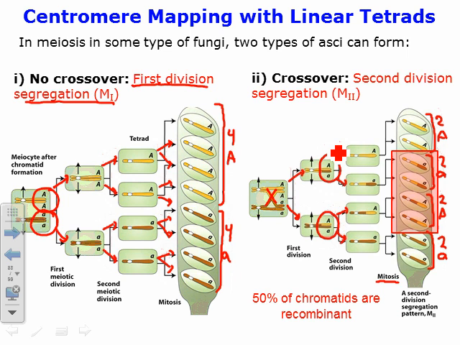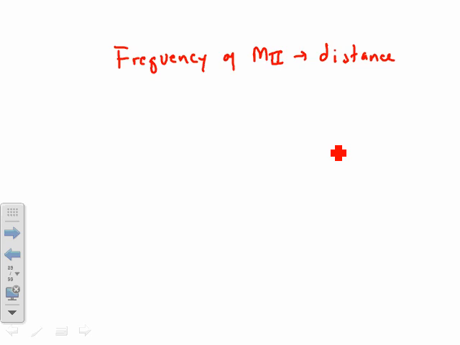We can use this 50% recombination frequency in this ascus to calculate the distance between the gene and its centromere. Just to be clear, the frequency of the M2 segregation pattern can give us information about the distance from a gene to its centromere.